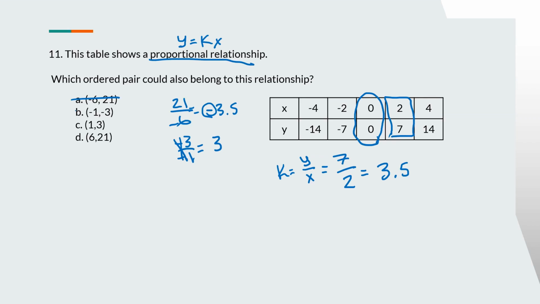I want 3.5. That's not good. And I can almost tell you right away 1 and 3 don't work because 3 over 1 is still 3. Let's try 21 over 6. Remember, I'm putting y over x. So 21 over 6, lo and behold, does equal 3.5. So my answer is D.